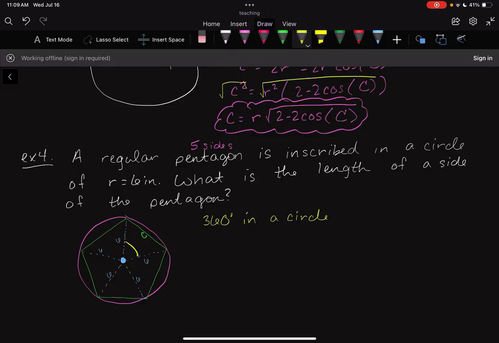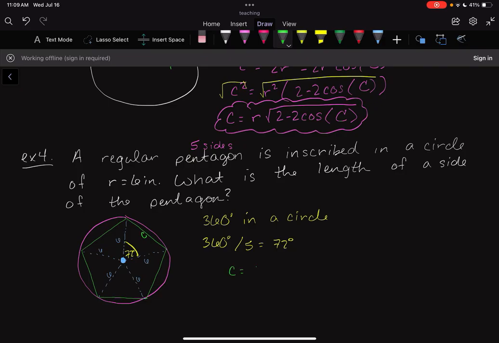And then we've broken our circle up into 5 sections. So we can take our 360 and divide it by 5, and that gives me 72 degrees. So that's what each of those little sections is going to be. So now I'm going to find C. I'm using the formula we had earlier.